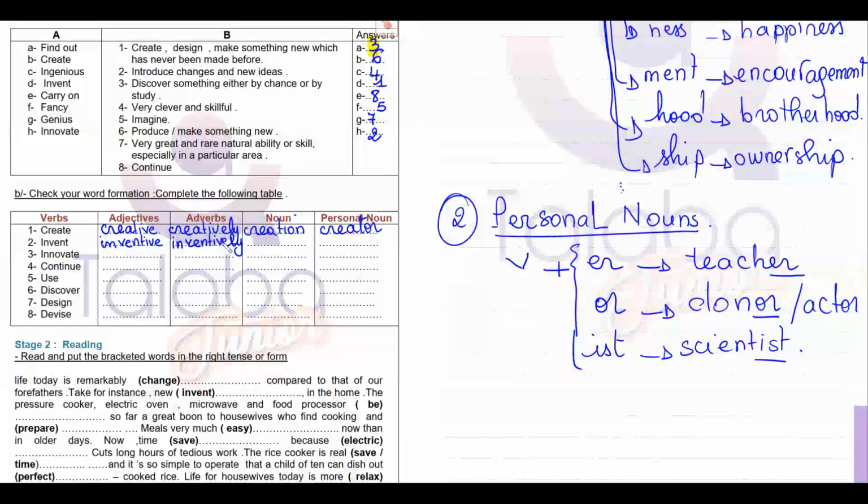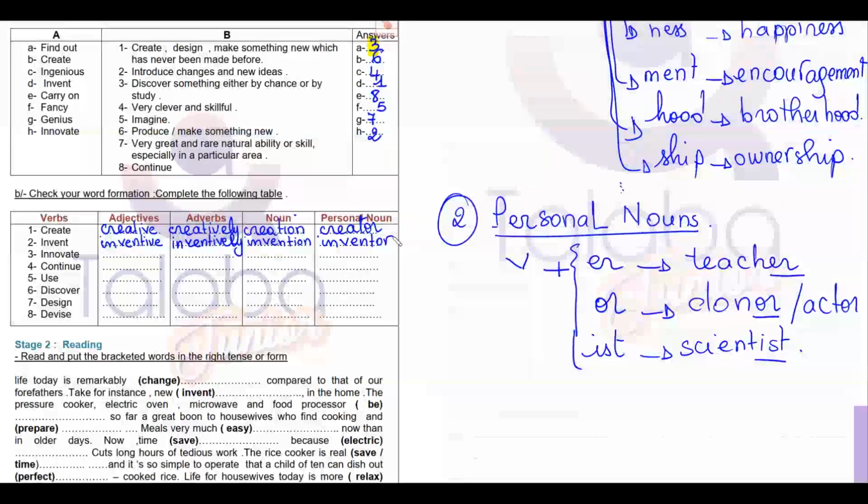Inventive, it's ending in e, so keep it. Now, what is the noun from invent? It's a invention. And the person who invents, yes, Ranin, it's not inventor with er, but it's with or. So it's inventor. Like creator.